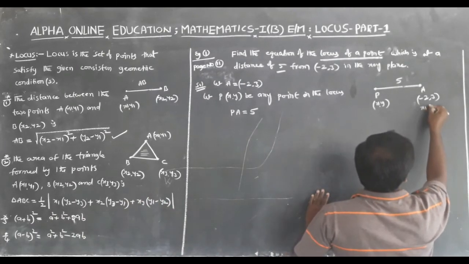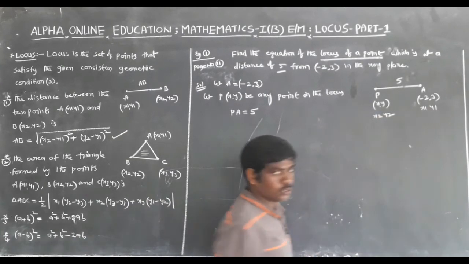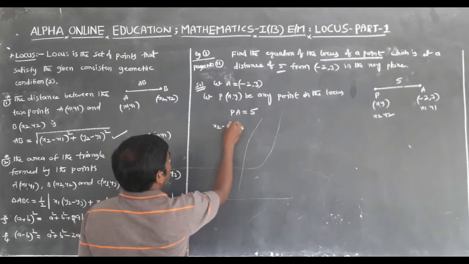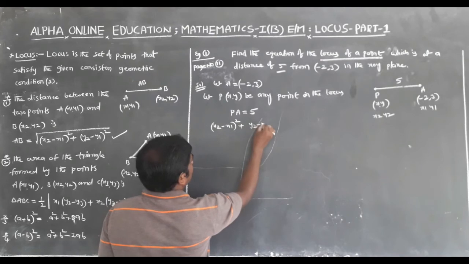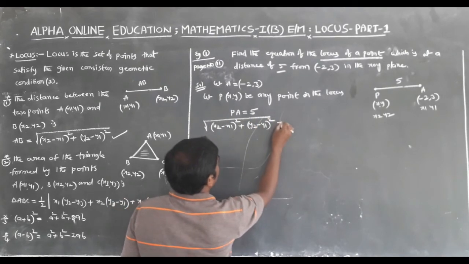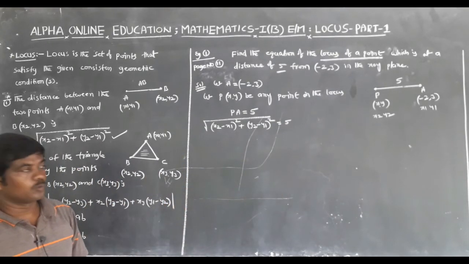Let A be (x1, y1) and P be (x2, y2). By the distance formula, the square root of (x2 minus x1) whole square plus (y2 minus y1) whole square is equal to 5.